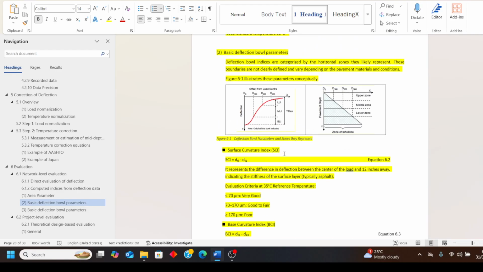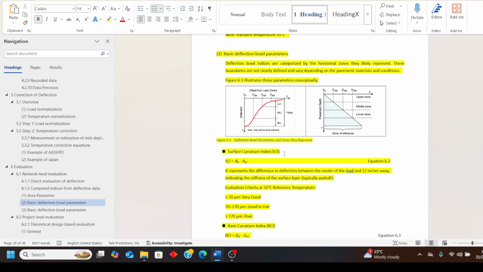Also, it has the central deflection measurement, which indicates the overall capacity. And then there is SCI, which is the surface curvature index, D0 to D200, for the surface asphalt stiffness.